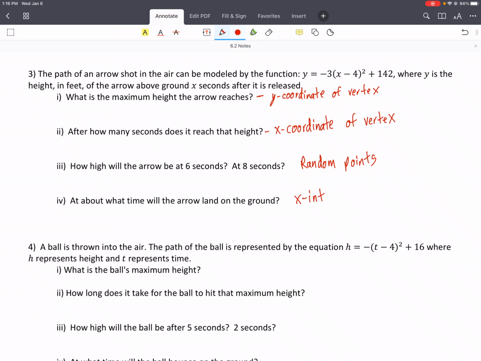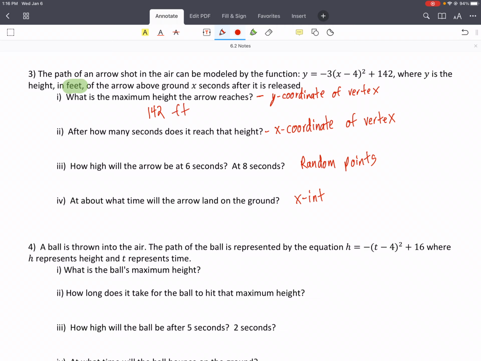Okay, so the y coordinate of our vertex turned out to be 142. And so the maximum height the arrow reaches, it would be 142. And then our units are feet, so it would be 142 feet.